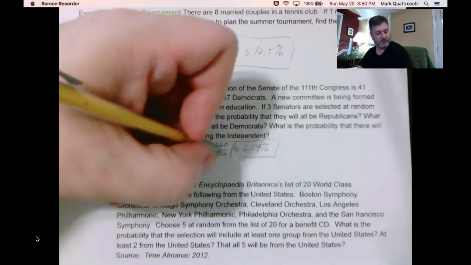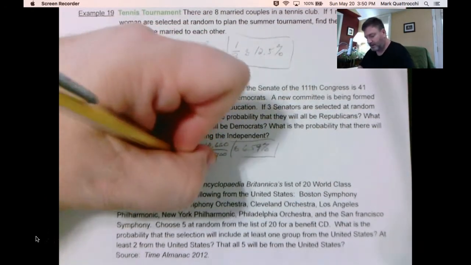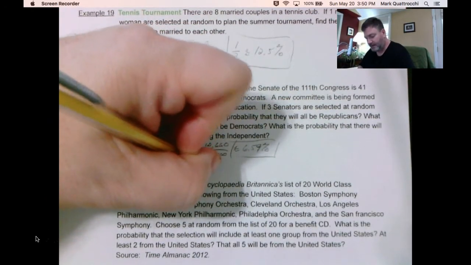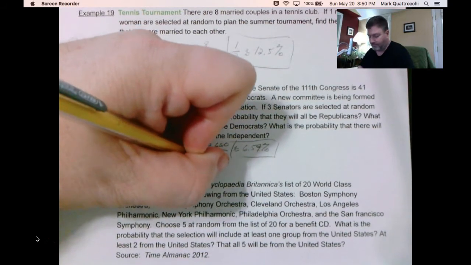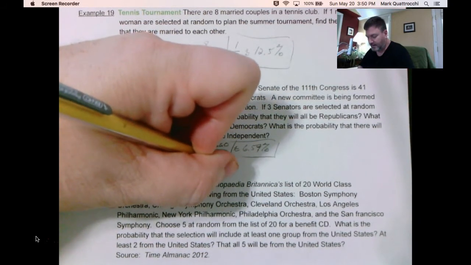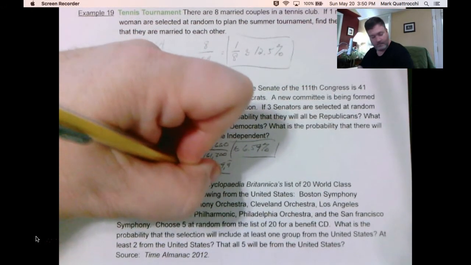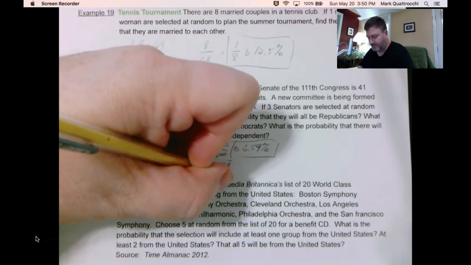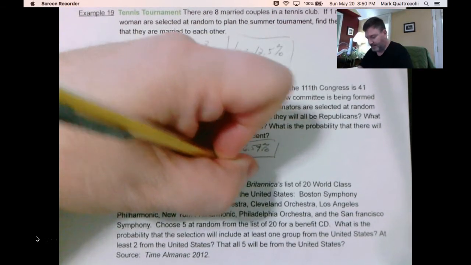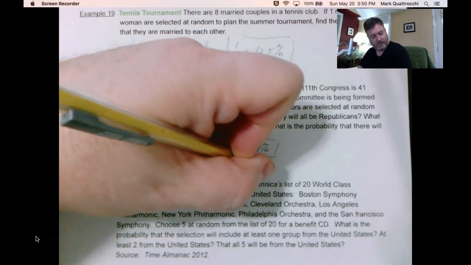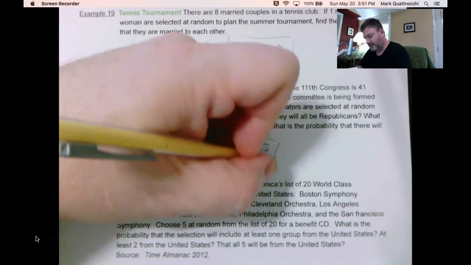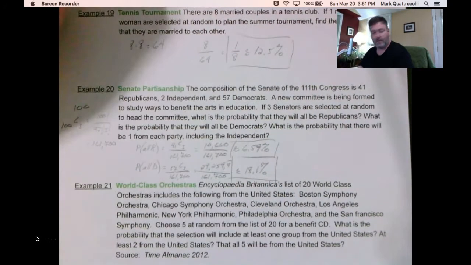That's equal to, this one didn't divide evenly, 29,259.9 repeating out of the 161,700, or approximately 18.1% chance that all 3 of them will be Democrats.